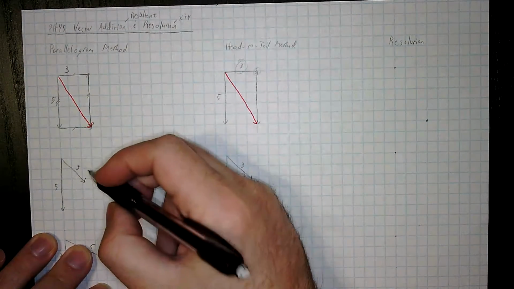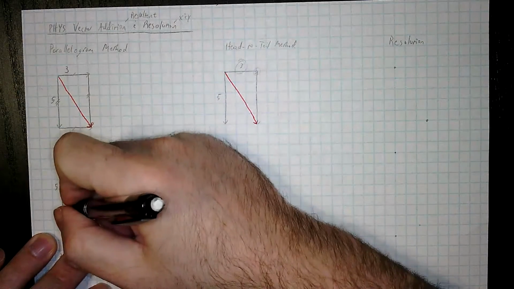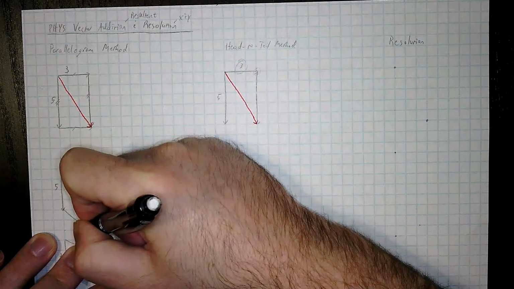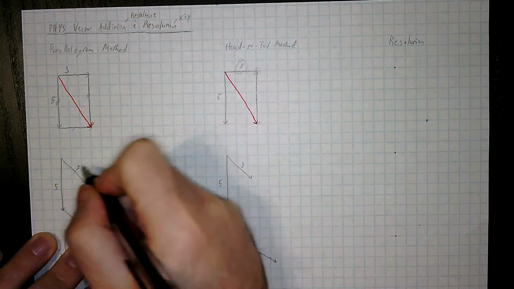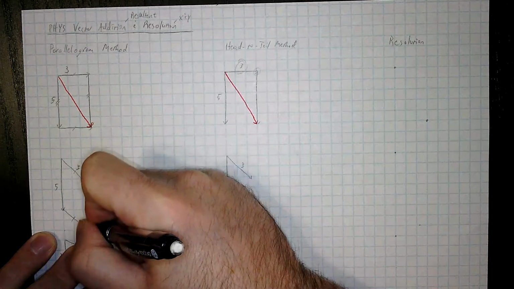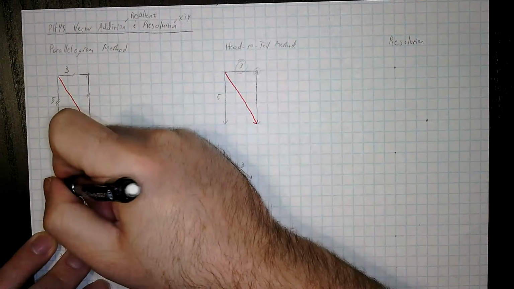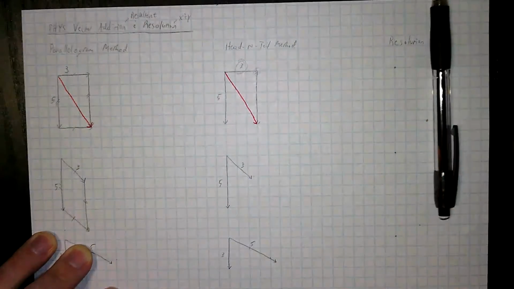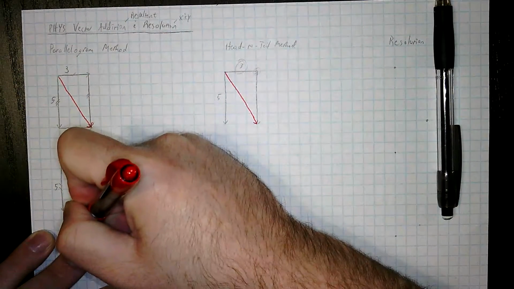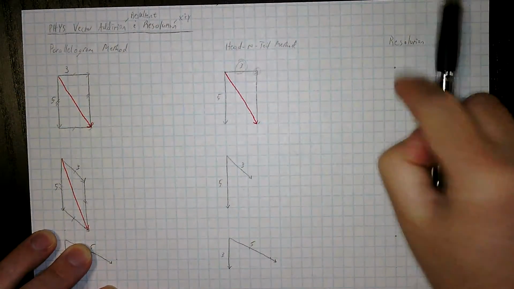So for our next one here, again with the parallelogram, I'm going to draw a line that is parallel to the other one. And I should point out, not only parallel, but also the same length. And then draw a line that is parallel to this one. And there's our resultant vector.